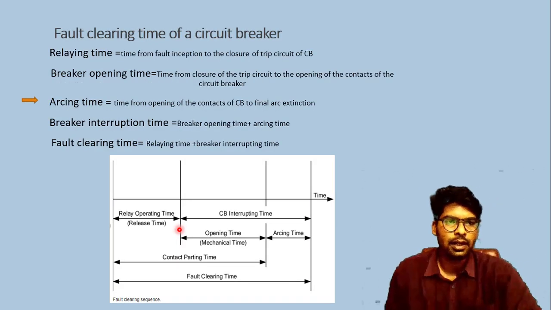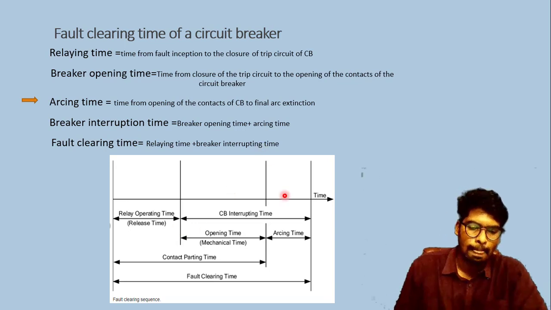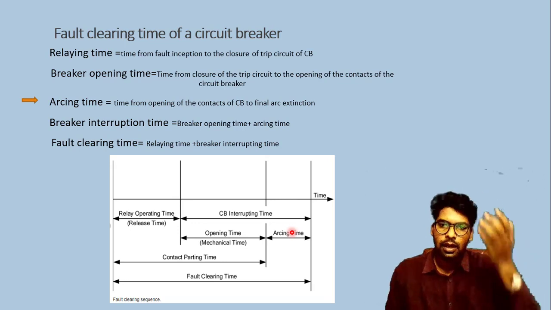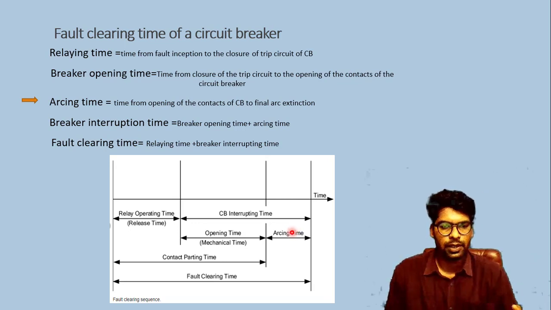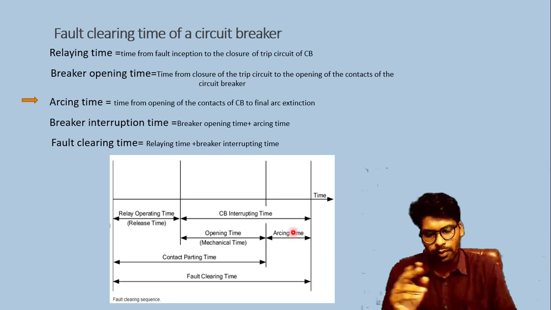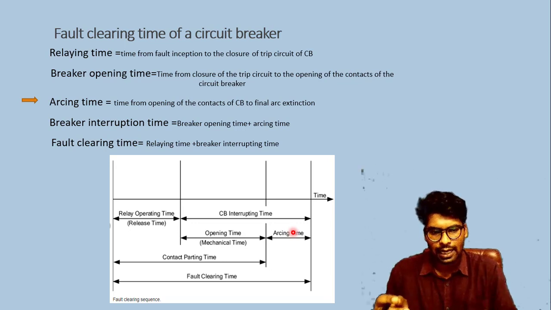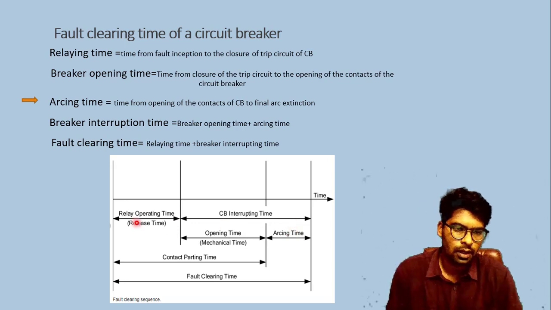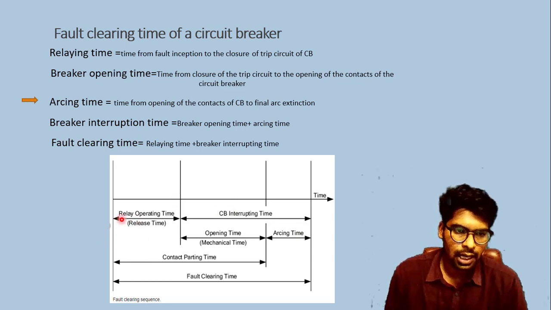So as I said, fault clearing time of a circuit breaker. Before, in the slide in the video, you saw isolation of power. In the circuit breaker you have a fixed contact and a moving contact. The time from the operation of the fixed contact and moving contact up to the arc extinction is called the fault clearing time of a circuit breaker. It is divided into different sections, that is relay operating time.